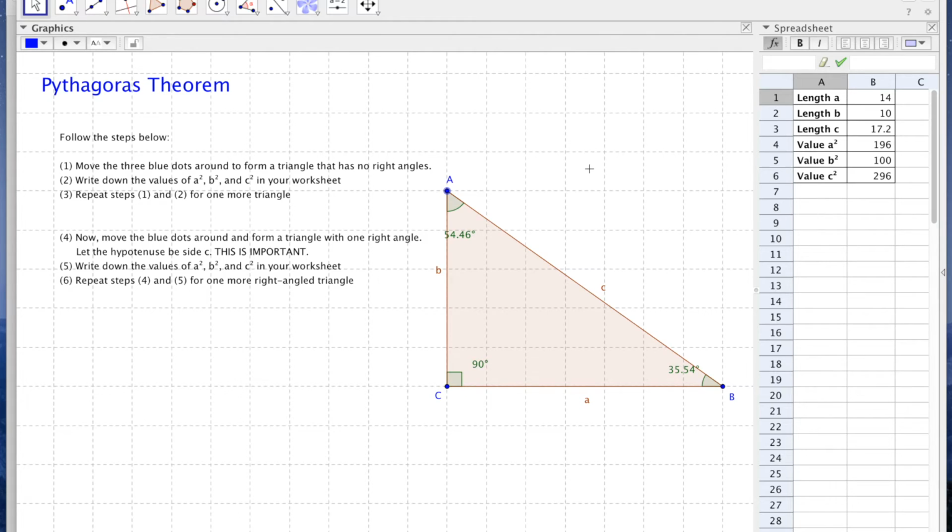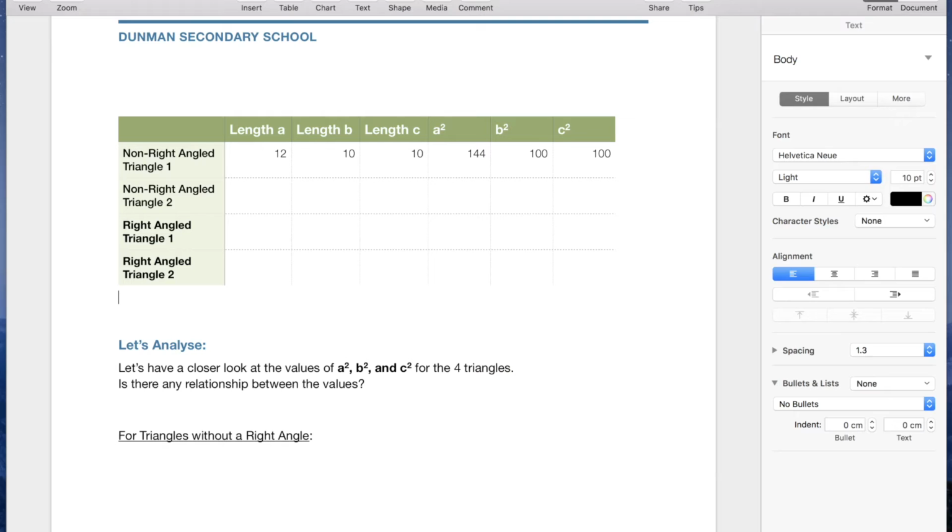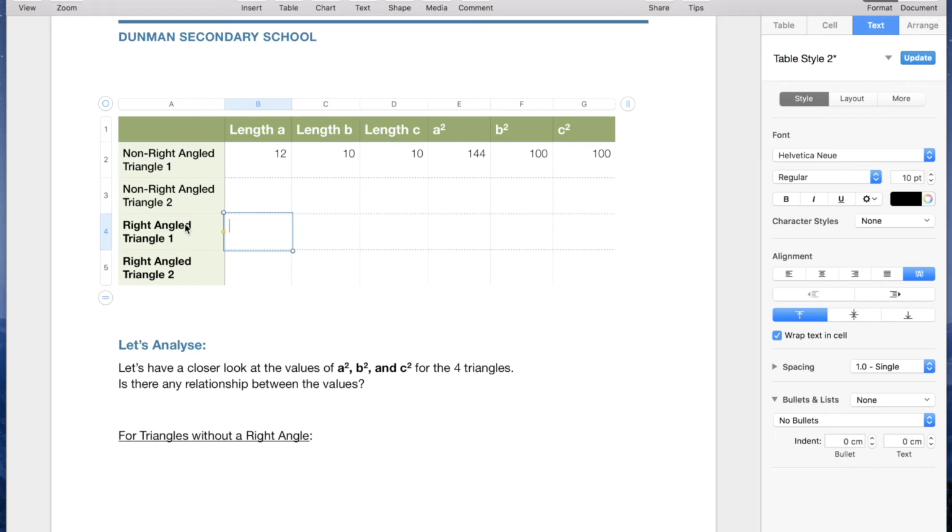Here we have one simple example. I have a right angle triangle and side C is my hypotenuse. You can see that C is the hypotenuse here, and so we have fulfilled this requirement. Now we just need to write down the values of A square, B square, and C square. We need to copy all these values into the worksheet. A, B, and C are 14, 10, and 17.42. So this is right angle triangle 1.